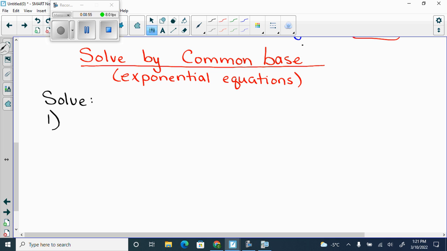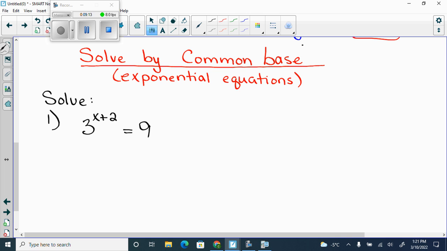Number 1. I'm going to give you 3 to the x plus 2 equals 9. A really easy one. They don't say it this way, but we're going to start this way. You will find it easy.